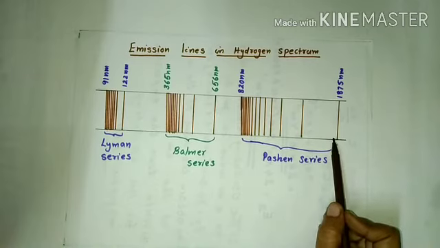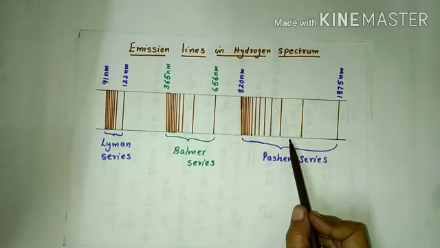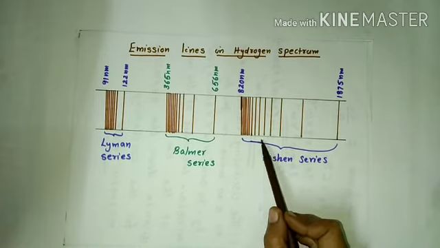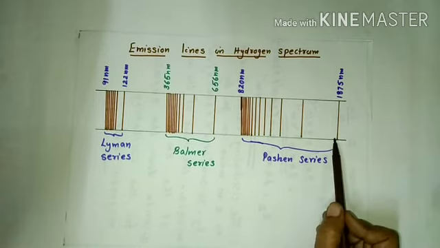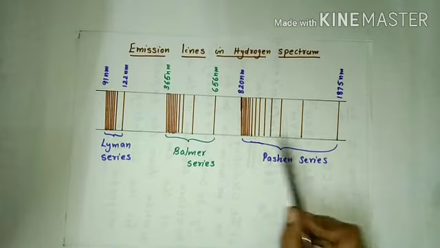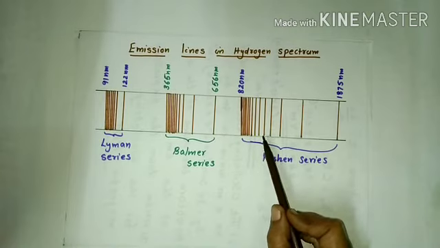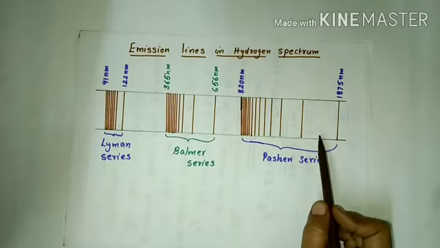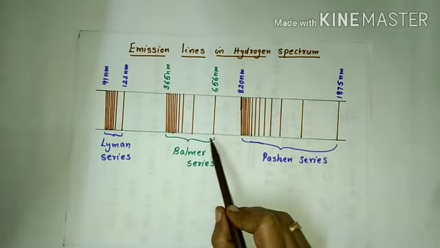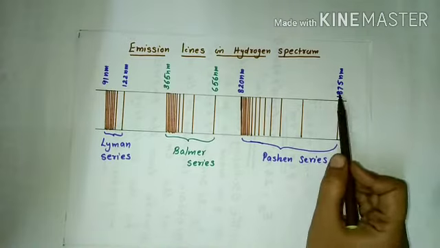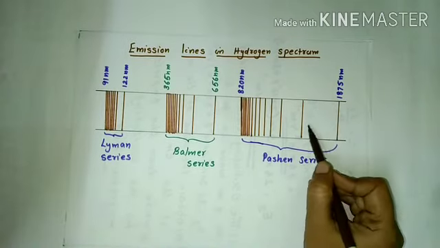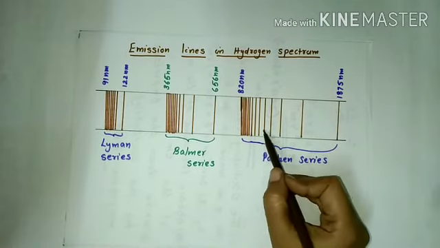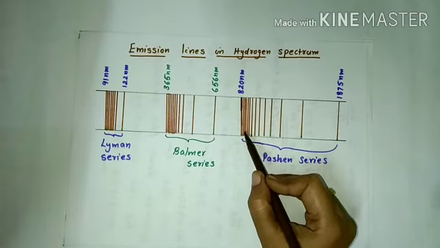But the spacing between the lines within certain sets of the hydrogen spectrum decreases in a regular way. Each of these sets is called a spectral series. Some of the spectral series are shown in the figure, and here the spacing between the lines decreases in a regular way.